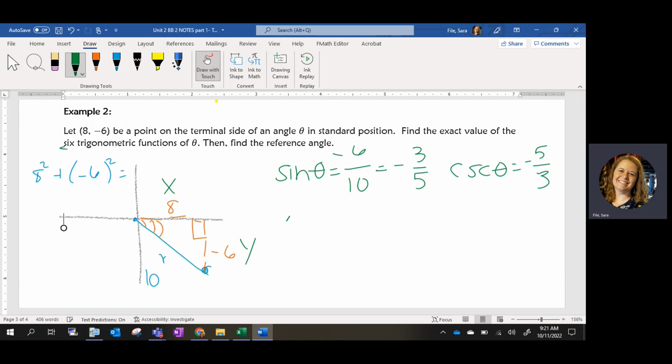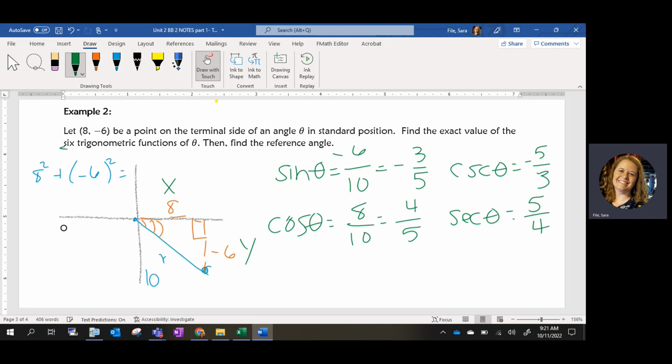And then cosine is x over r, so that's 8/10, which reduces to 4/5. So secant is 5/4.